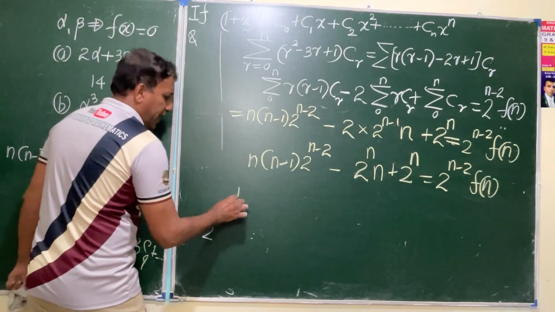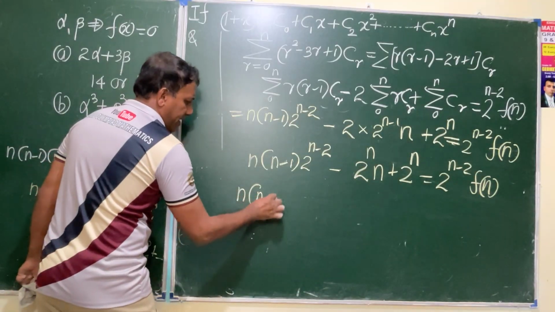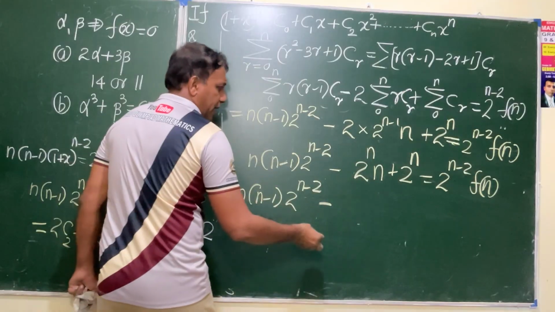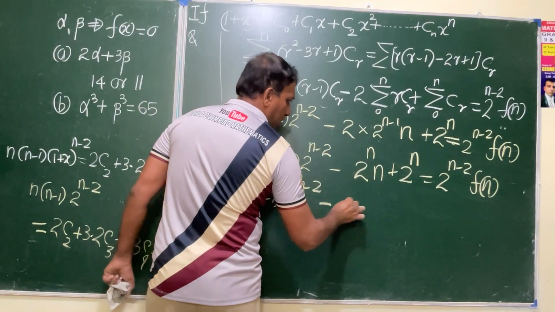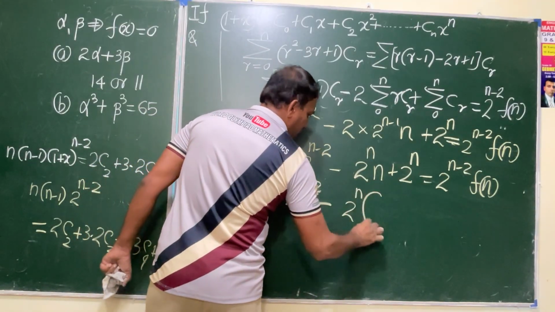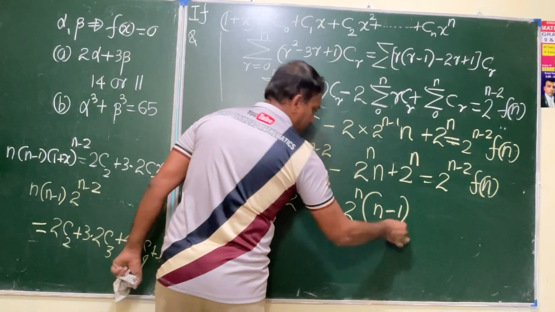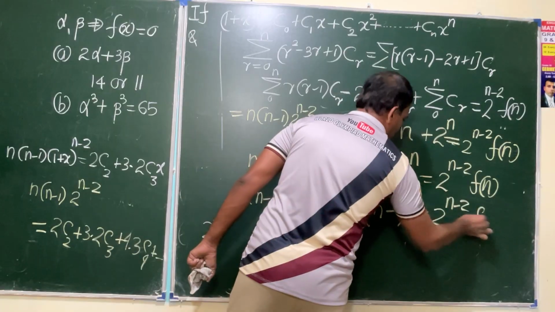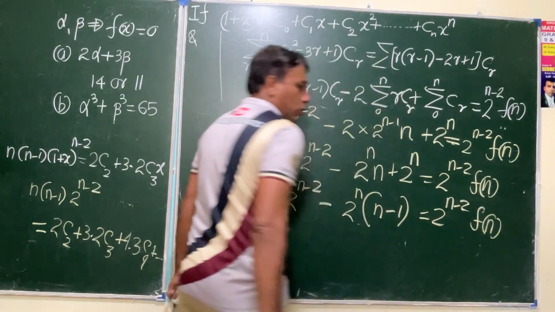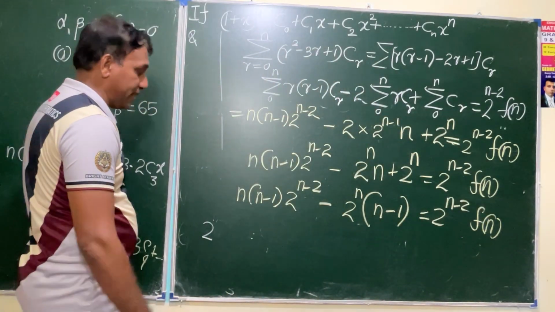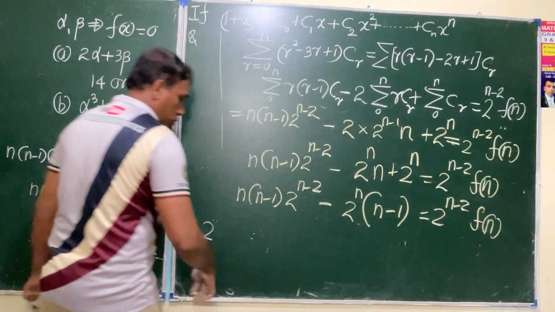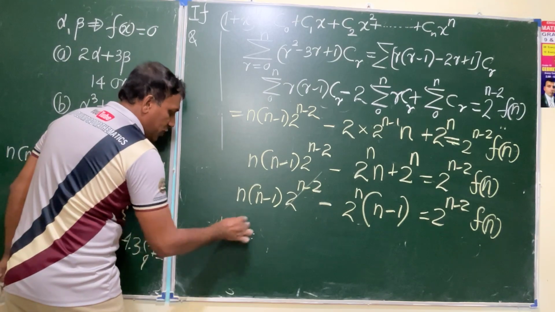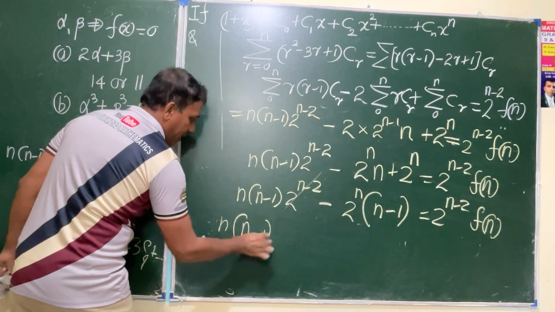So furthermore, n into n minus 1, my target hereafter is to find what fn is. So take here, can I do minus sign, 2 to the power n, now that is n minus 1, right? Equal to 2 to the power n minus 2 f of n. Right, now divide by 2 to the power n minus 2. There is cancel, n into n minus 1, right?